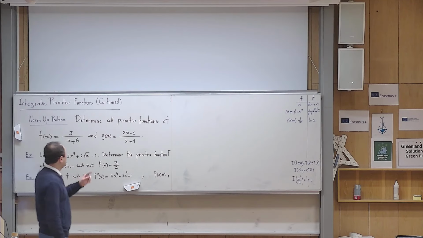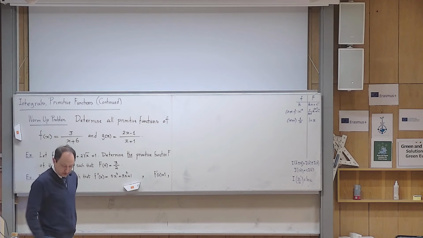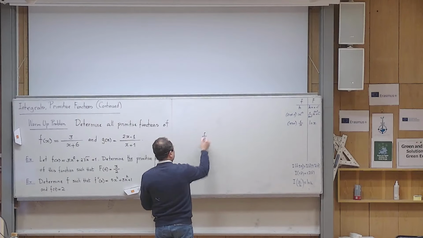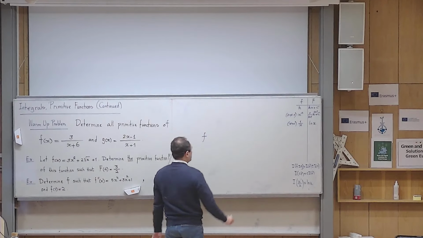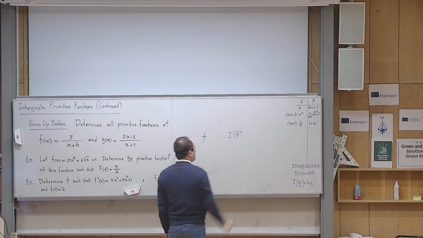So if you remember, we started talking about primitive functions last time. So what is a primitive function? When I give you little f and ask you to find a primitive function of this, what do I mean?